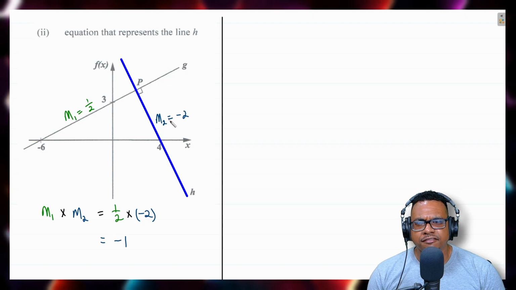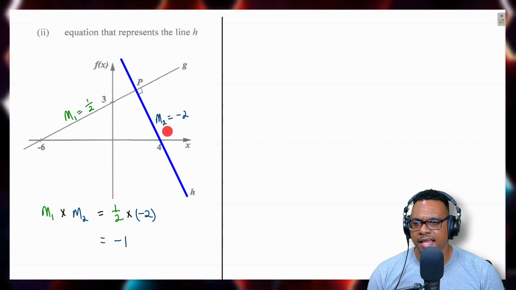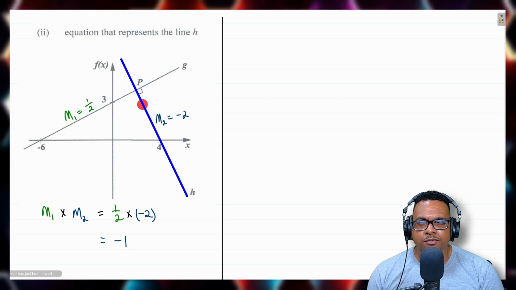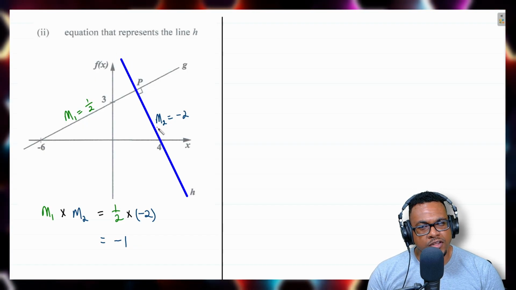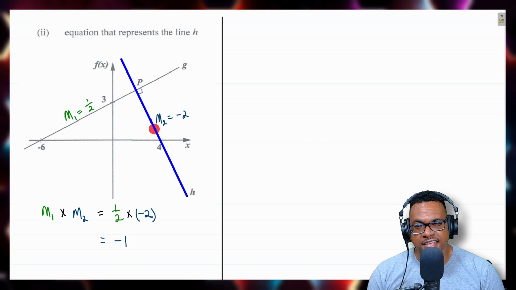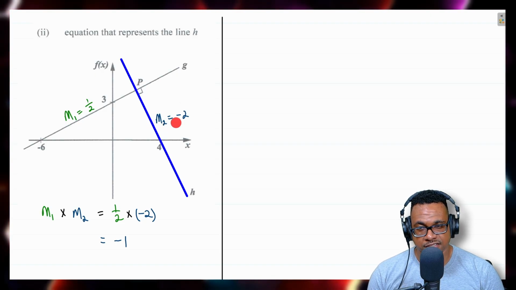So now that we have the gradient of the line H, we just need the y-intercept for the line H. Now we are not seeing where this line touches the y-axis, so we'll have to work it out. So in order to work out the y-intercept for the line H, we would need the gradient and any point that the line is passing through.